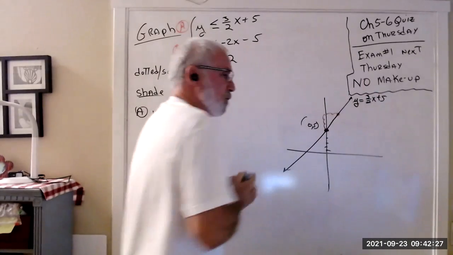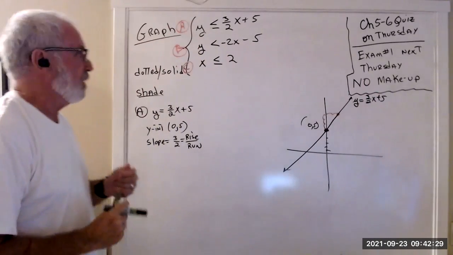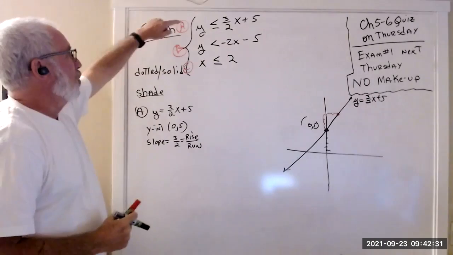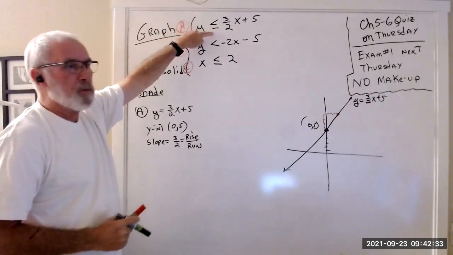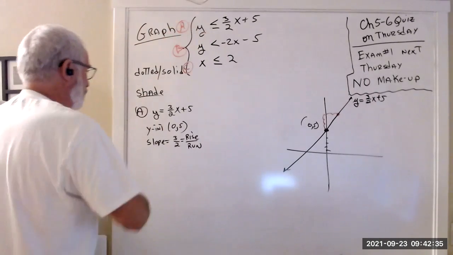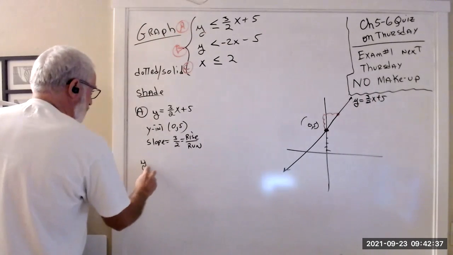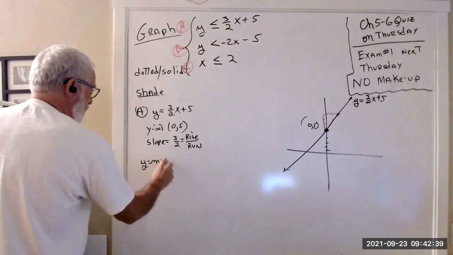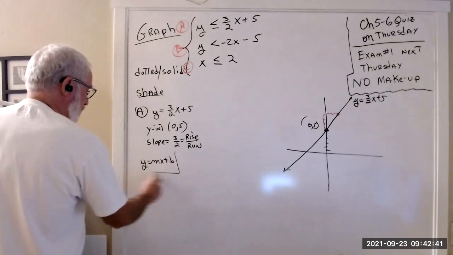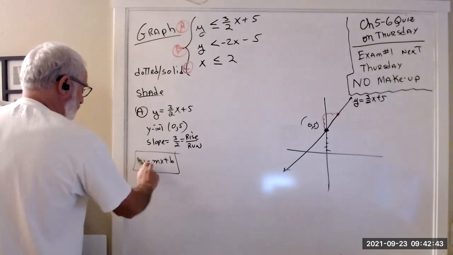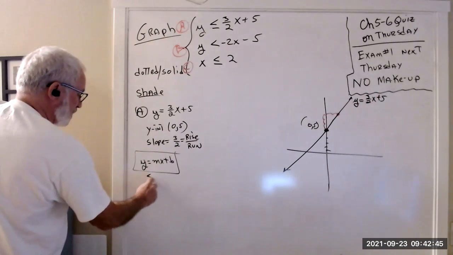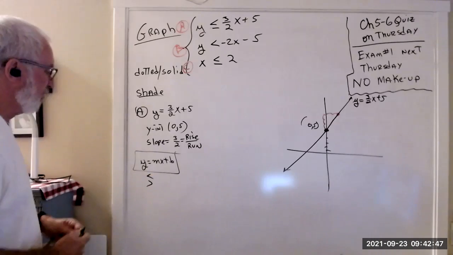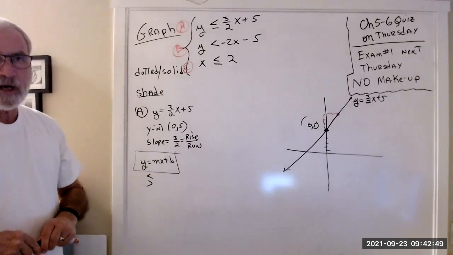The shortcut for us was when it was in slope-intercept form. Remember, slope-intercept form is y equals mx plus b. If it's less than or greater than, that tells us where to shade.